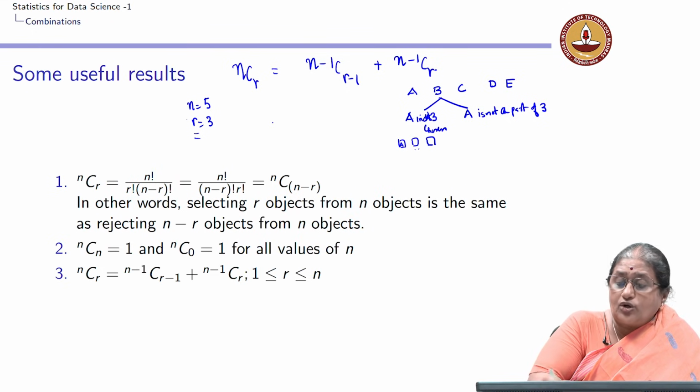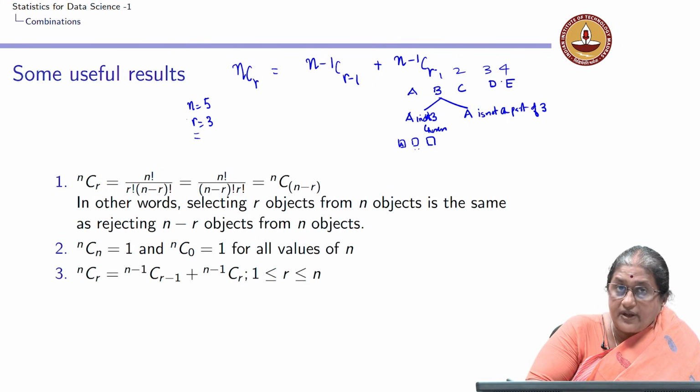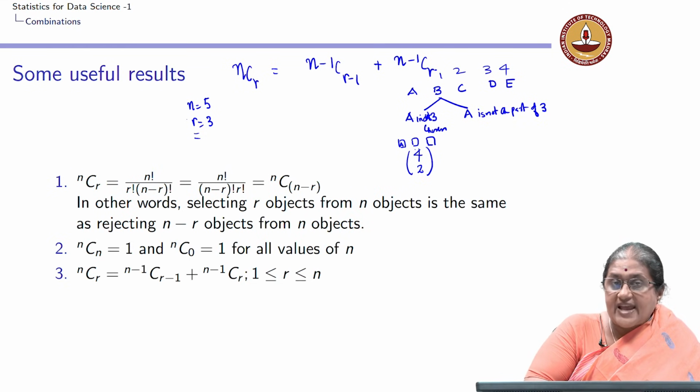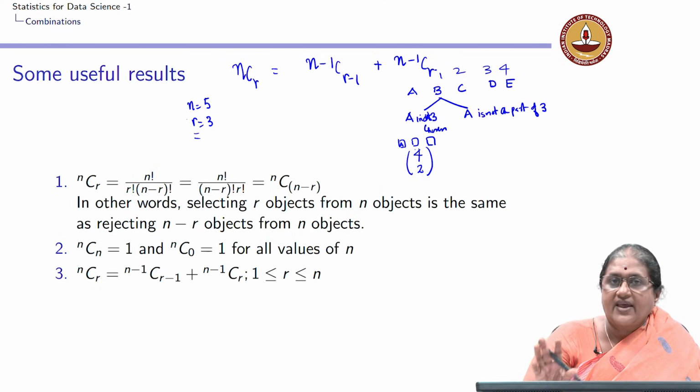For the remaining 2, I have 1, 2, 3, 4 objects available, and I have to choose 2, and I can do that in 4 choose 2 ways. Because A is already chosen, I only have to choose 2 more objects from the remaining 4 objects, and that I can do in 4 choose 2 ways.